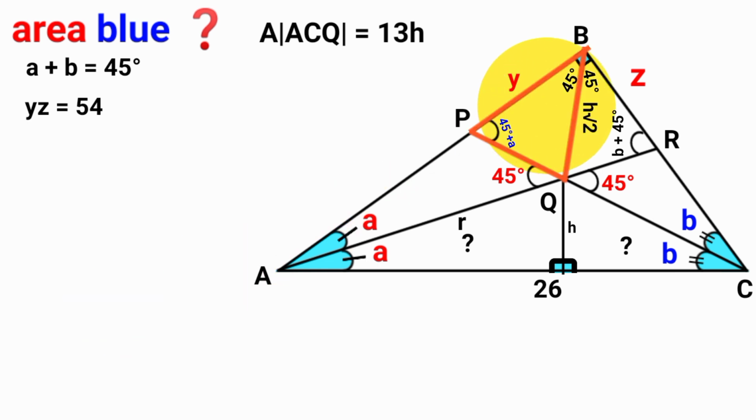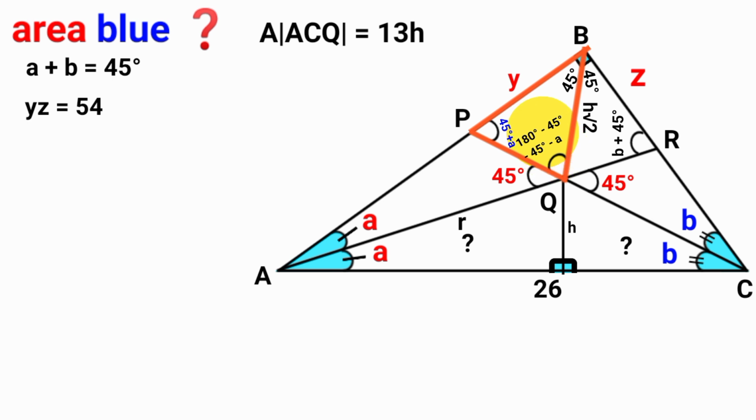Now look at this triangle. We have this angle to be 45 degrees, and this is 45 degrees plus a. Based on the rule that the summation of angles in a triangle is 180 degrees, this must be 180 degrees minus 45 degrees minus (45 degrees plus a). Minus (45 degrees plus a) is minus 45 degrees minus a.